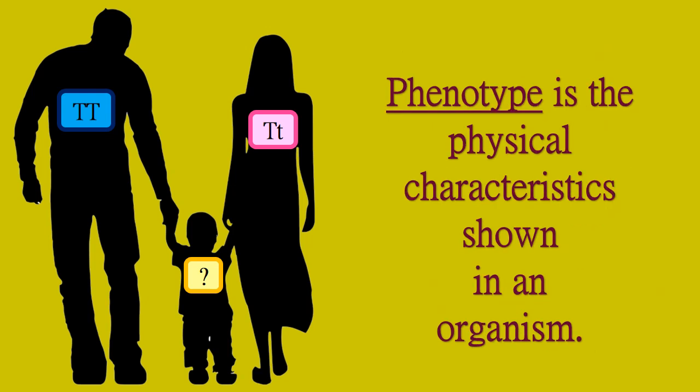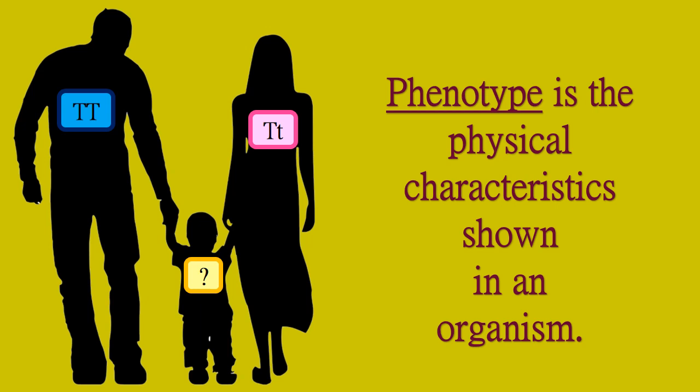Phenotype is the physical characteristics shown in an organism. The father, who carries the genotype of both capital T's, has the dominant allele. So the father is tall. How about the mother? The mother carries the genotype of capital T and small t.